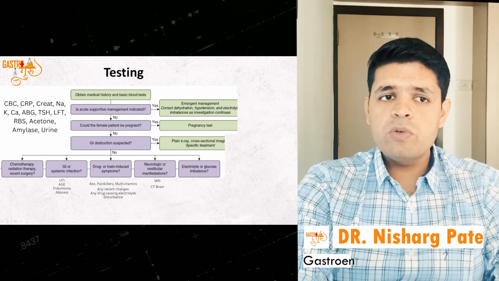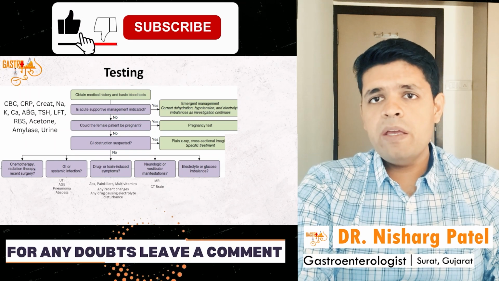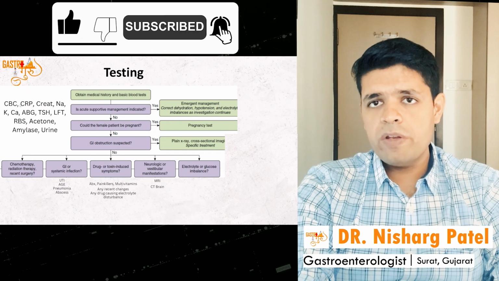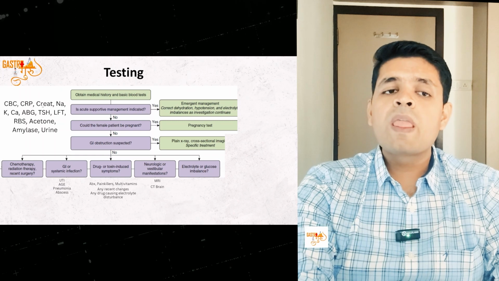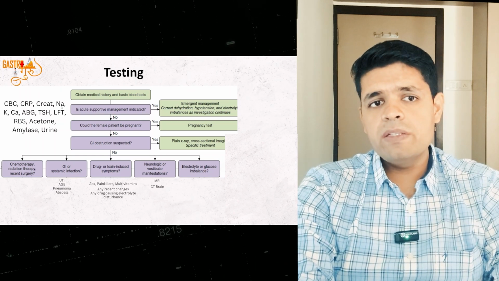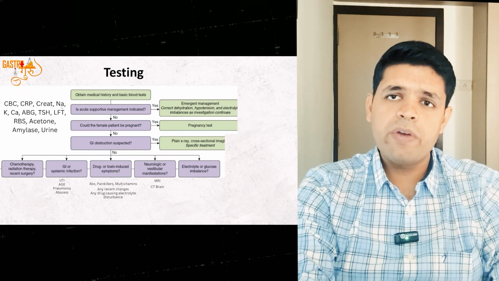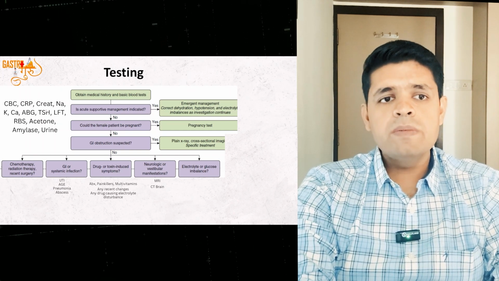Just to give you a common sense, if the WBC is high and CRP is high, then we are dealing with some sort of infection or inflammation anywhere. If the electrolytes are going up and down, if there is hypo or hypernatremia, it can be the cause or effect of the vomiting, either way.